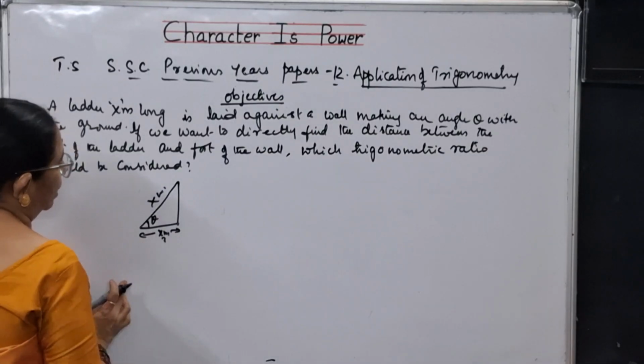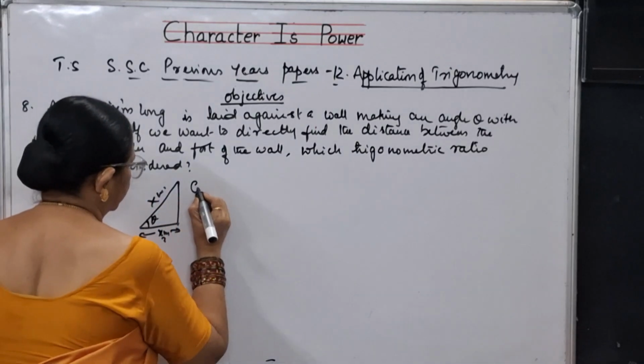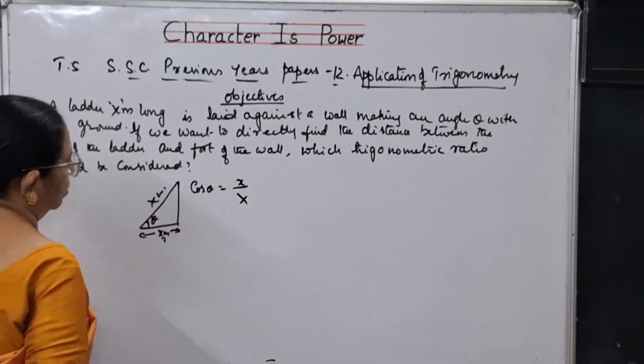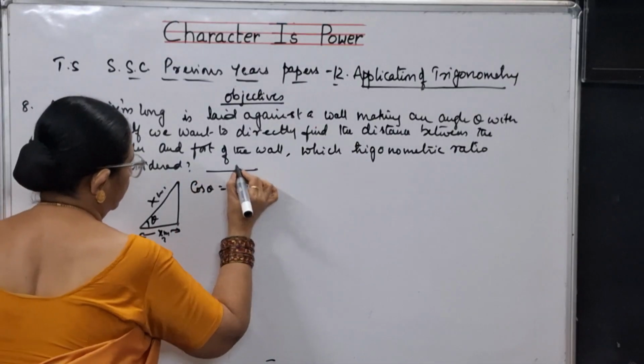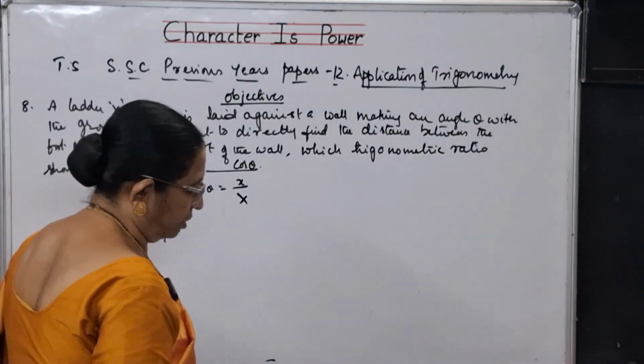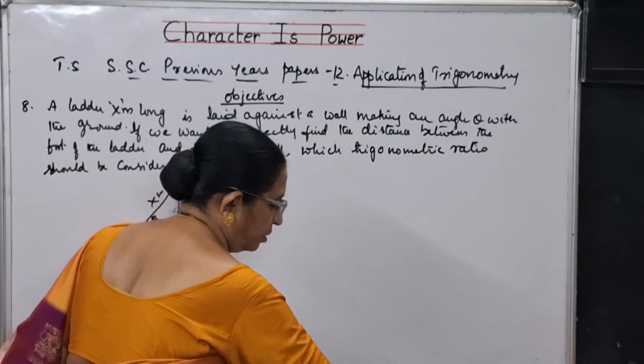If you want this distance, see, this is adjacent side by hypotenuse. That means cos theta is equal to the distance by x. Therefore, the trigonometrical ratio we are using is cos theta.